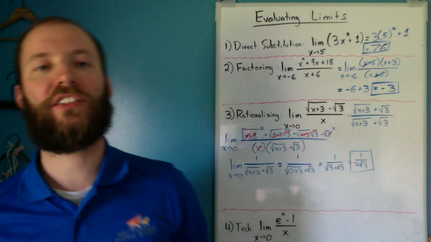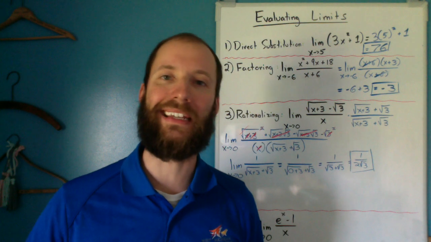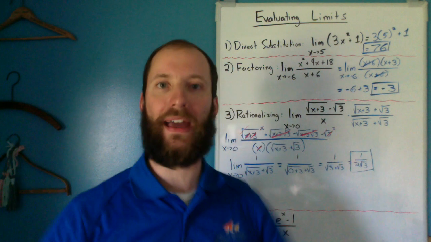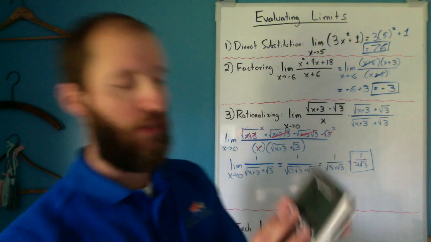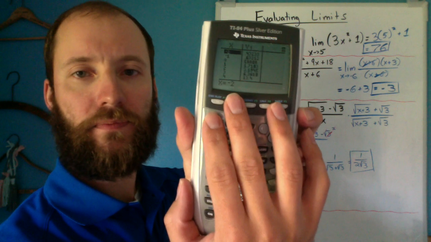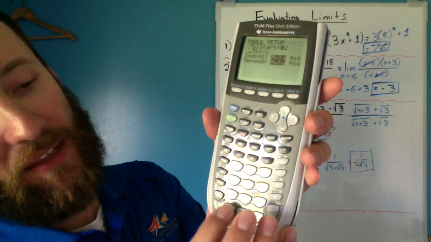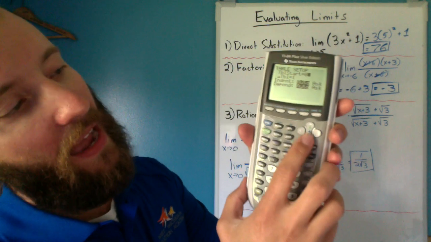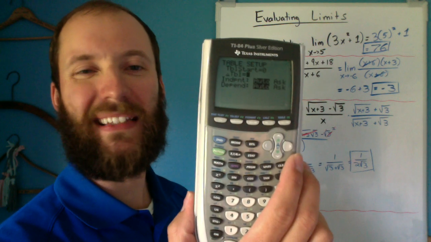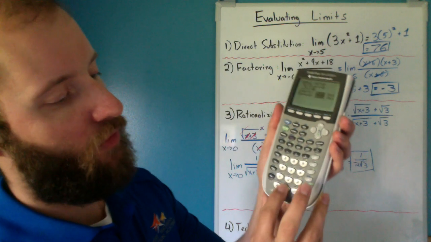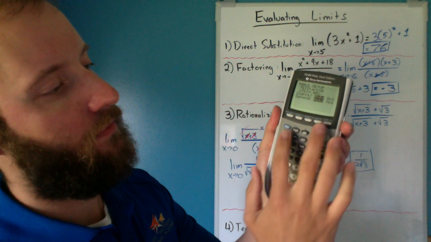Well, here's the thing. This is called local linearity. We're going to zoom in on that graph as much as possible. So I'm going to go back to my table set, and I'm going to start my table at 0, and then I'm going to make this delta table, make the steps a lot smaller. So 0.001.